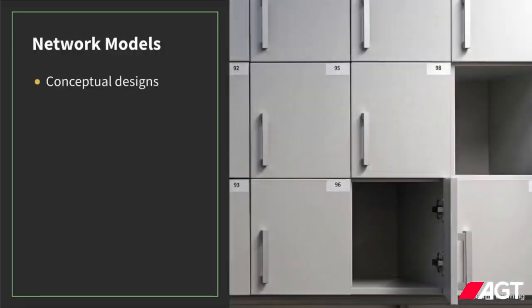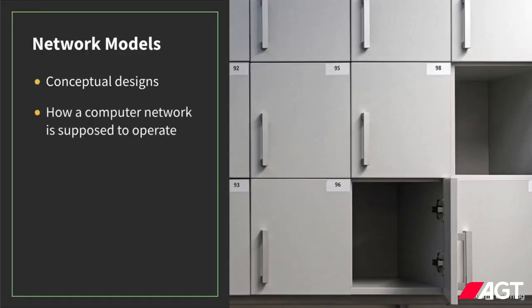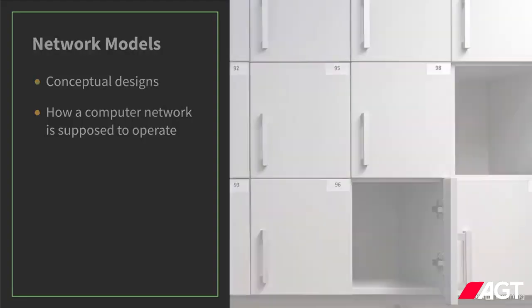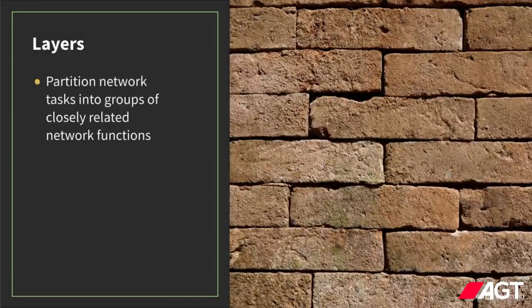Network models are conceptual designs that describe how a computer network is supposed to operate to accomplish its ultimate goal, namely, delivering packets from one host to another. The most widely accepted design concept for network models is based on layers that partition various network tasks into groups of closely related networking functions.